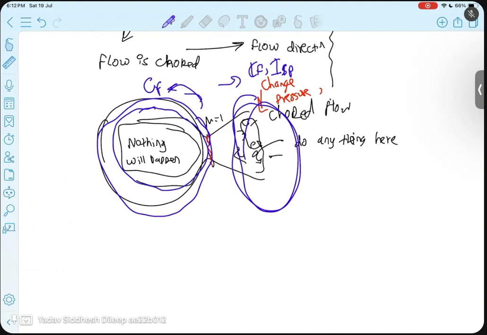It doesn't matter until and unless the flow is choked. Until the flow is choked, the combustion chamber performance will not change wherever you fire. That is why C star is separate and CF is separate.